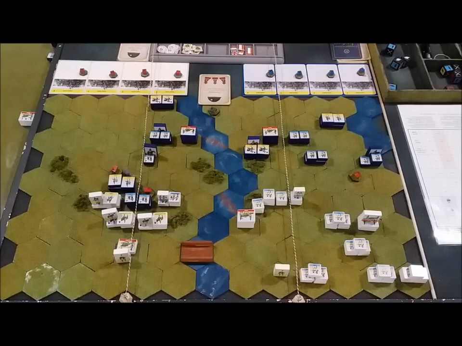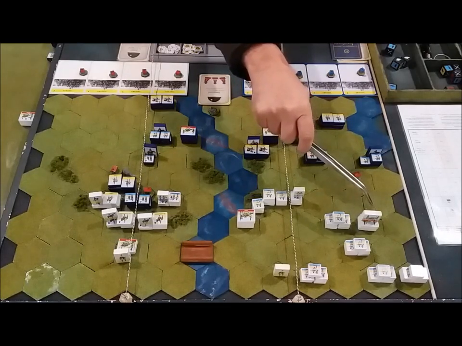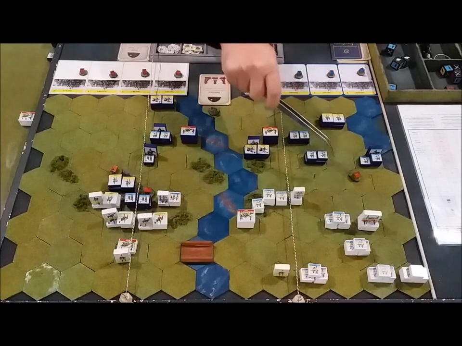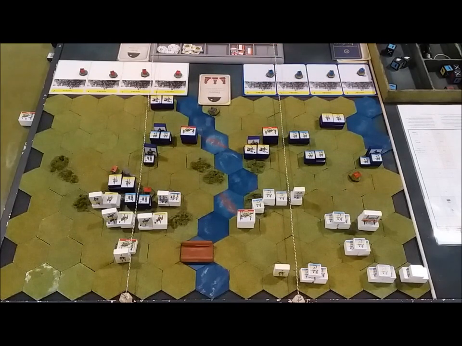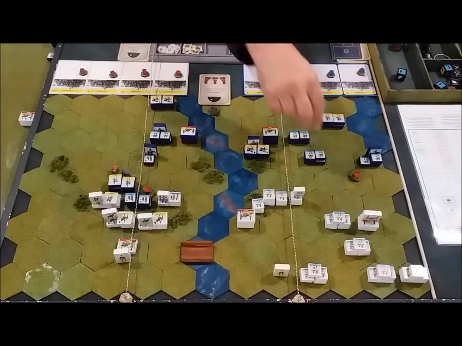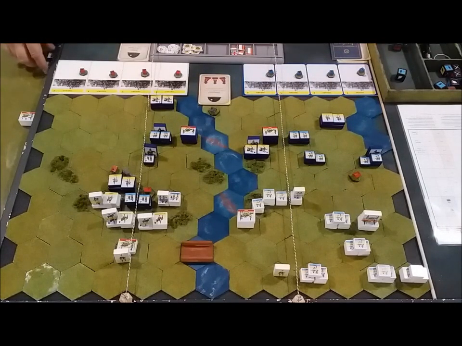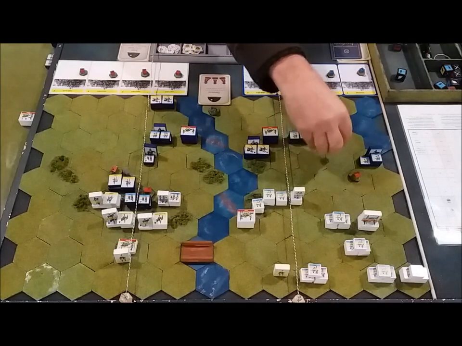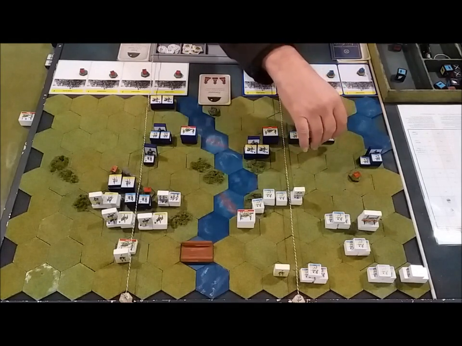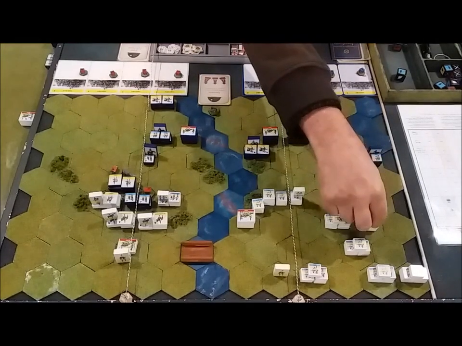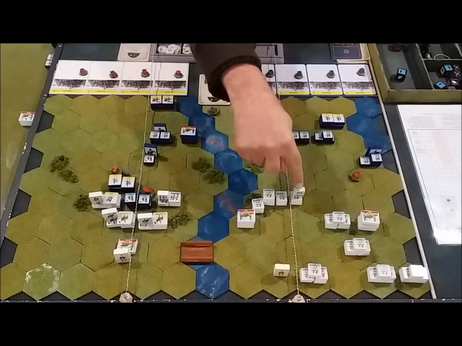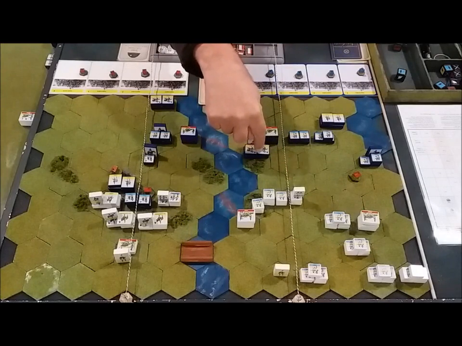Okay, so first thing we're going to do is use the foot artillery here to fire on this line unit. So we're at a range of 1, 2, 3, so that's 2 dice. And we get 1 and a retreat. So they come back to here. And they're done. Which then leaves this line unit to fire into here.